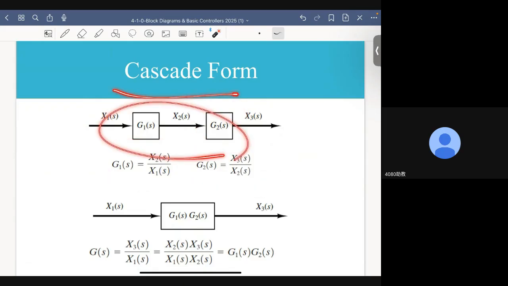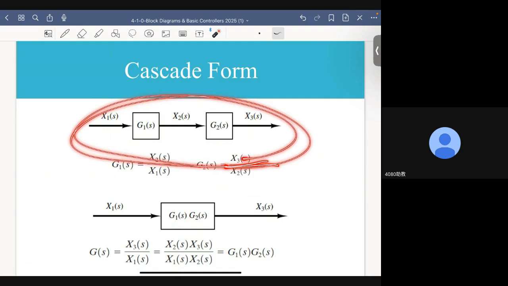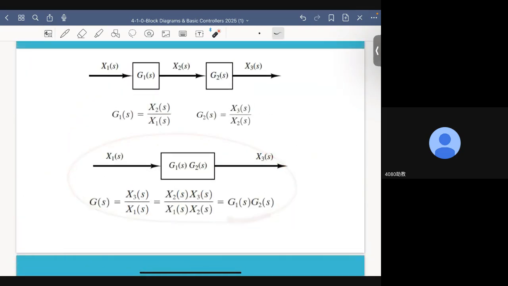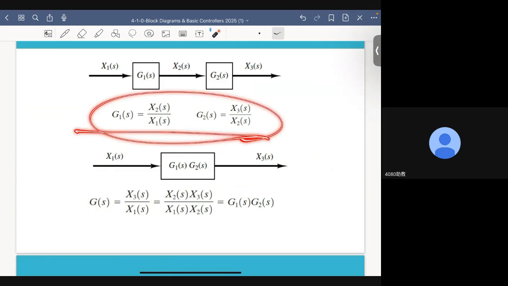When they are put in such a configuration, we can replot this block diagram in this form. Why can we do that? Because math tells us we can do that, right?